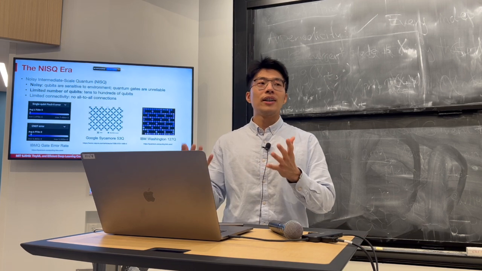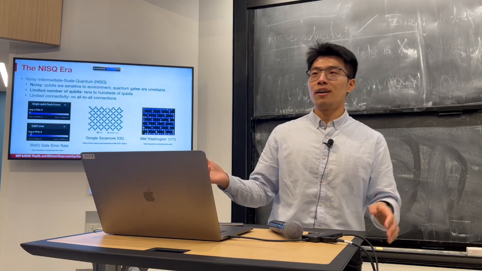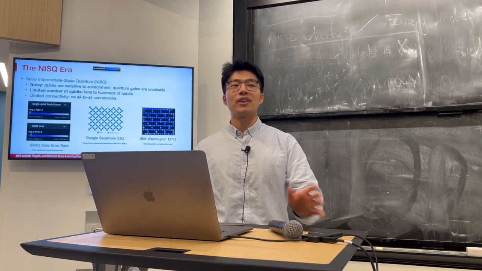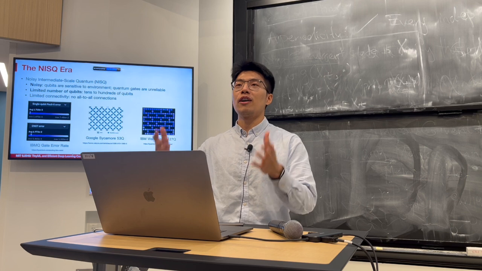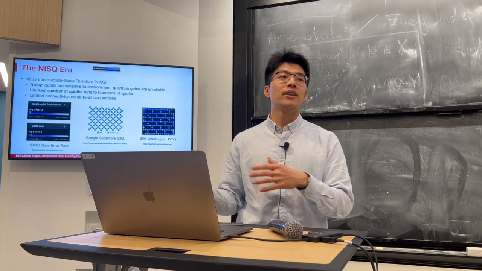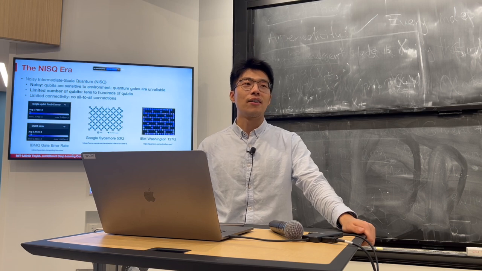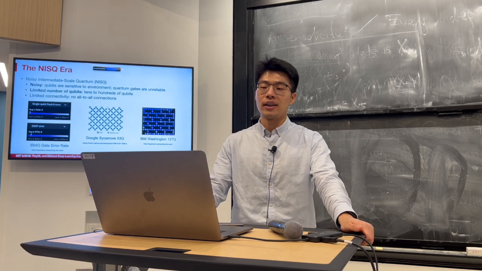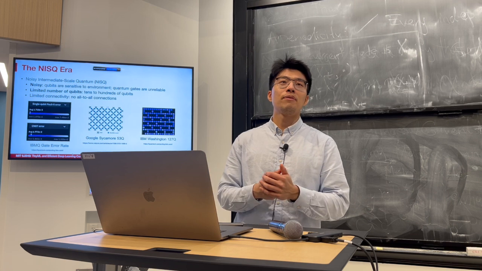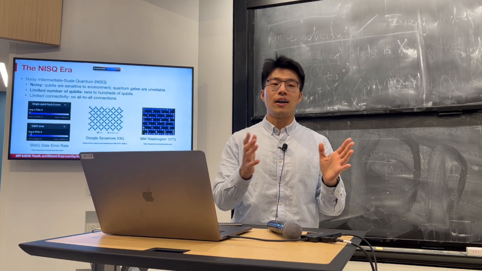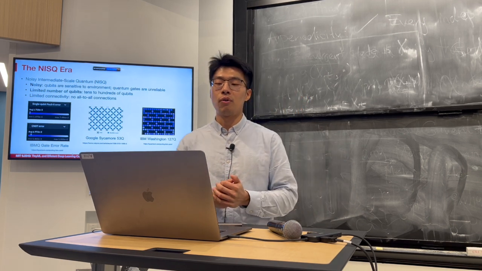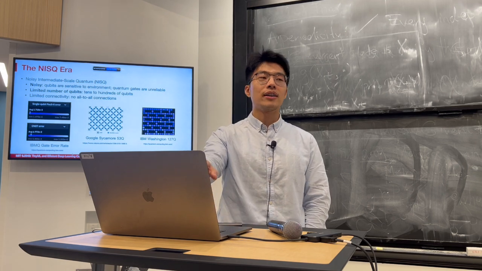As you know, in the machine learning community, people also want to classify several different waves of deep learning, and currently we are in the third wave of machine learning. That's also the case in quantum: we have several large waves, and right now we are in this NISQ era.